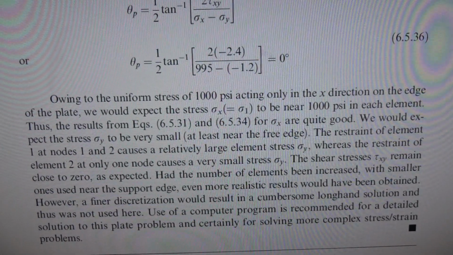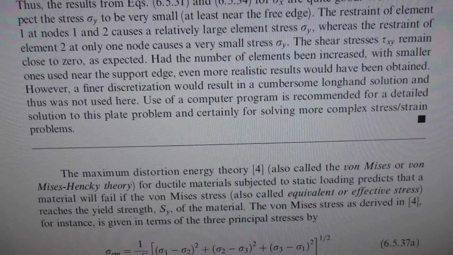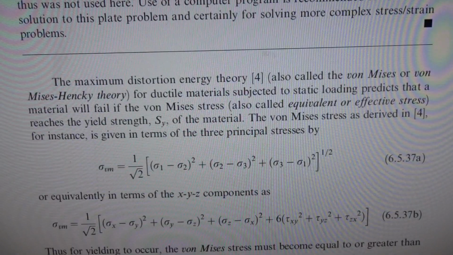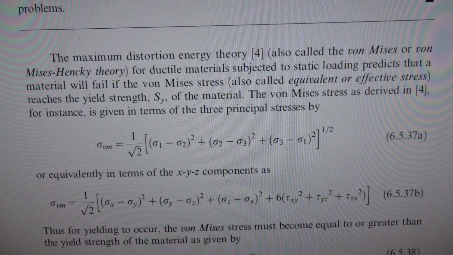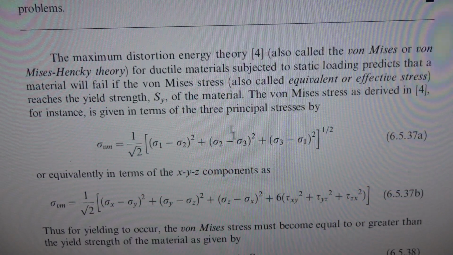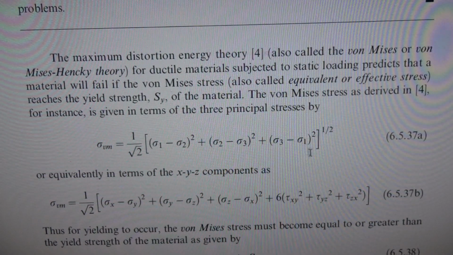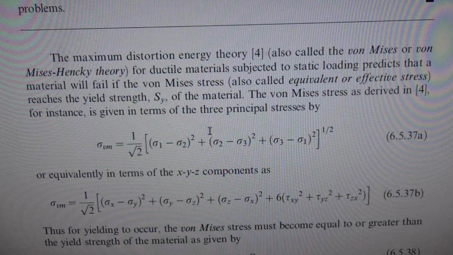Now I would like to explain one small point. When you do simulations on the computer, the first result you get is the von Mises stress. What is the von Mises stress? It is the maximum distortion energy theory.